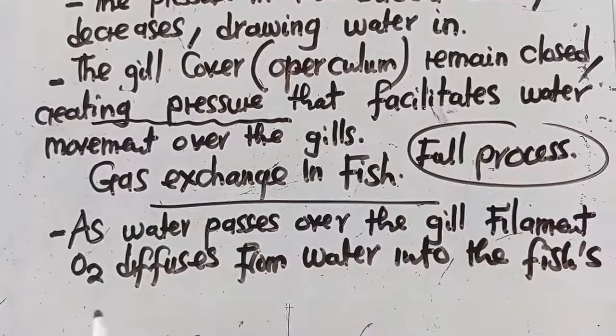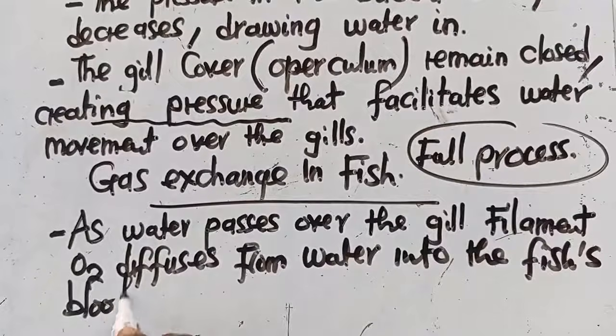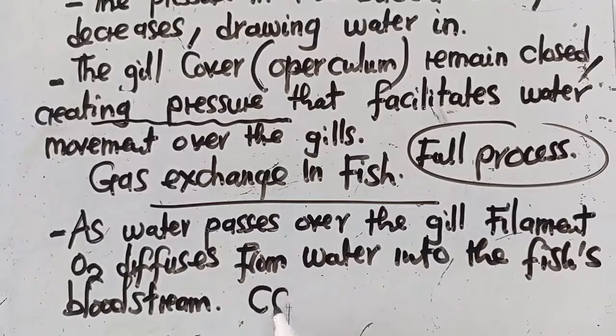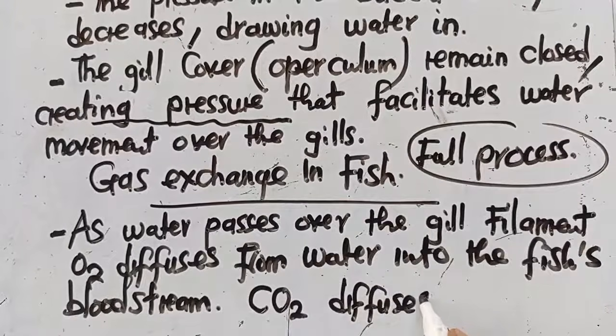Fish blood stream. This is what you are going to observe. So when it goes into the bloodstream like that, and we've got now the carbon dioxide, carbon dioxide now gets to do what? Carbon dioxide now diffuses from where?